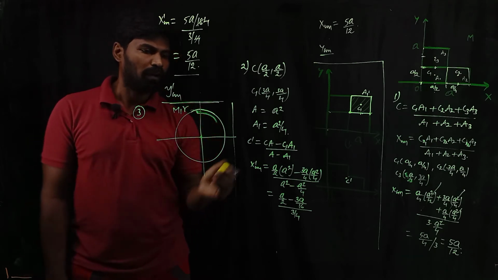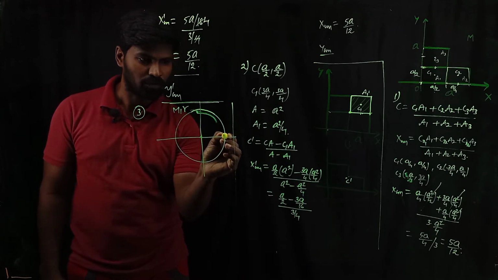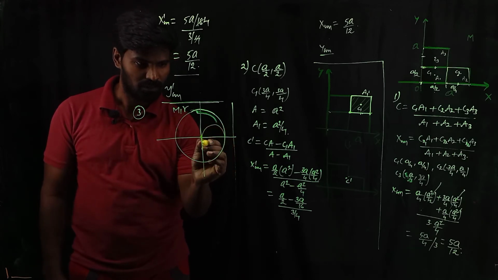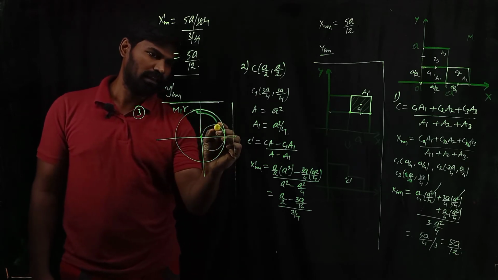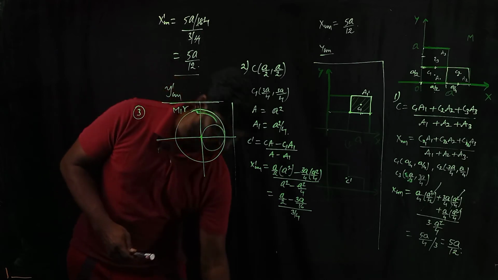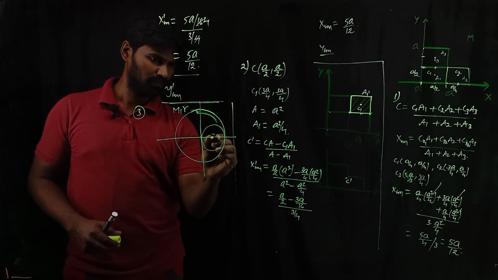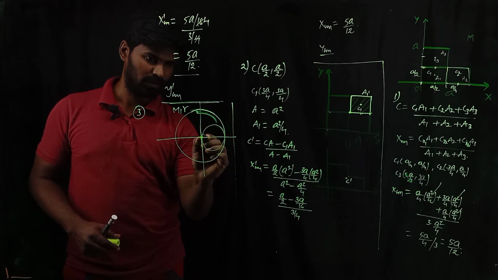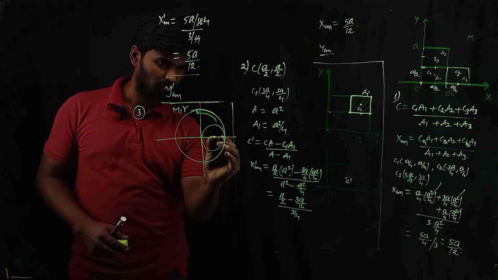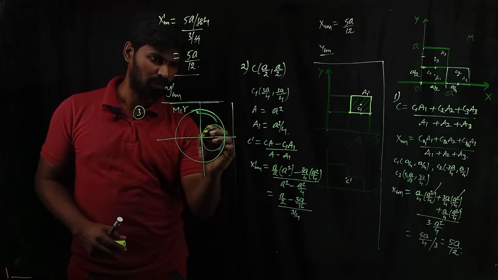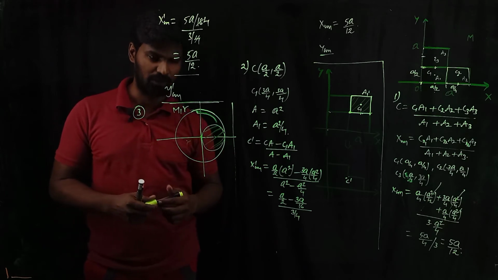Now from this disk I am eliminating a circular portion like this. The radius of this circular portion I am taking as r by 2, while the total radius is r.